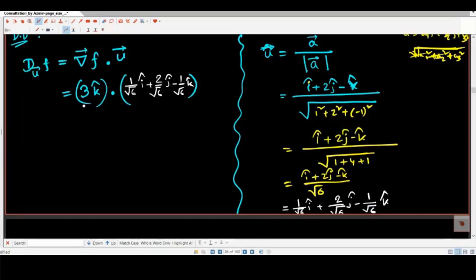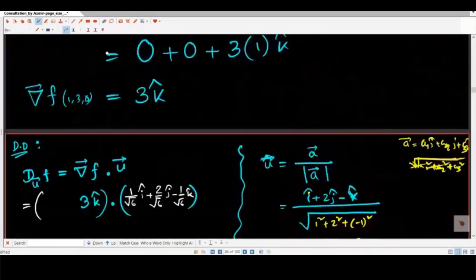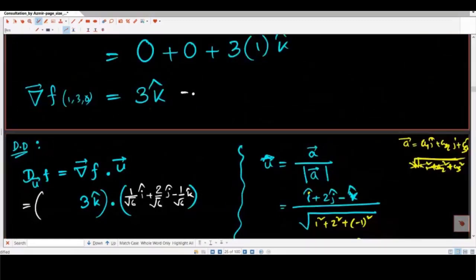So now we have to do the dot product. By the dot product, we know it is the multiplication of the first components plus the multiplication of the second components plus the multiplication of the third components. The vector 3k can also be written as 0i plus 0j plus 3k.